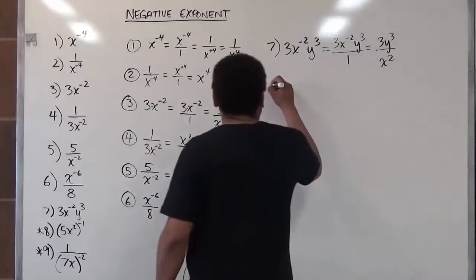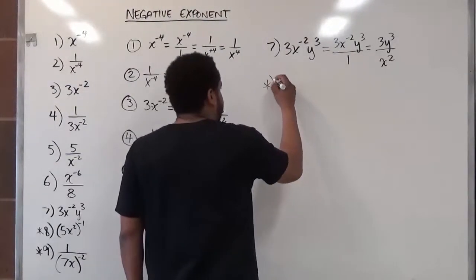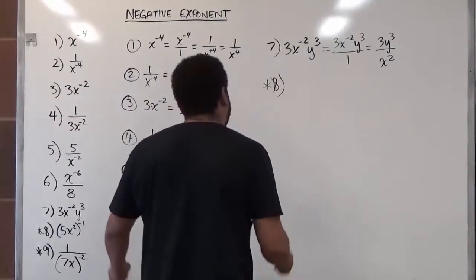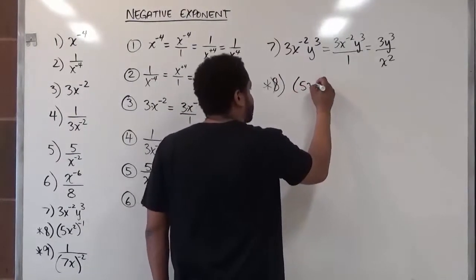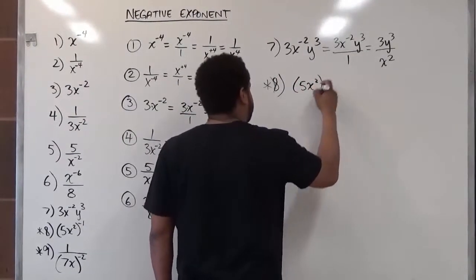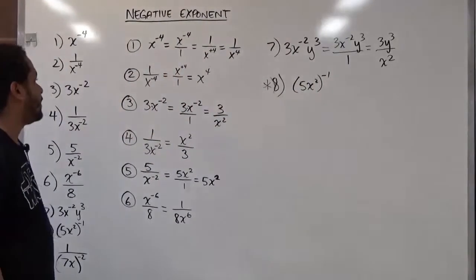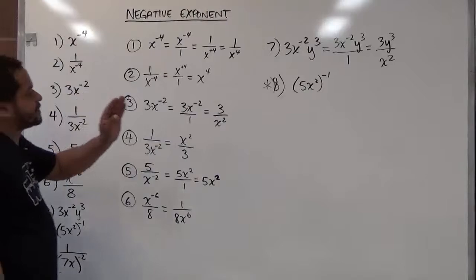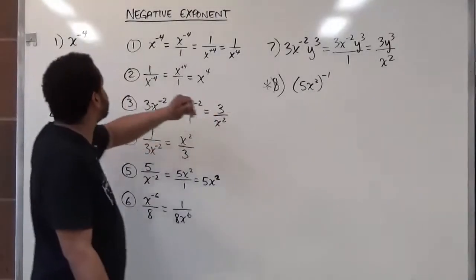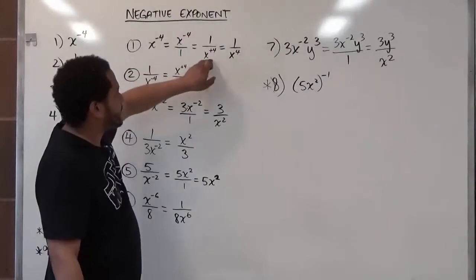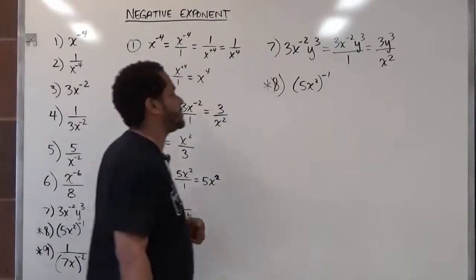Now let's move on to a little bit of an advanced technique when dealing with power rules. And this is for problem number 8. And here we have 5x to the second power inside parentheses, while outside the parentheses we have a power of negative 1. And very much like the first problem, since this is in parentheses, we're going to transpose everything from a numerator, like we did here, to a denominator, and change the sign of the exponent to a positive term.